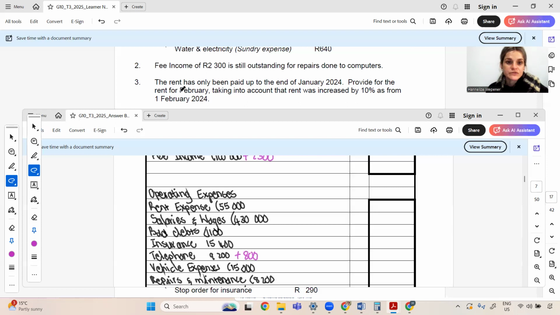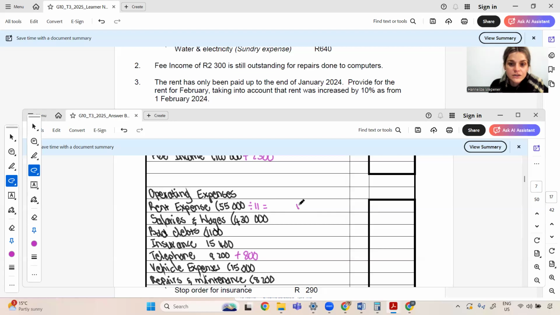So provide for the rent for Feb, taking into account that rent was increased by 10% as from the 1st of Feb 2024. In other words, here you have it for 11 months. So you must first divide this by 11 to find your monthly rent.